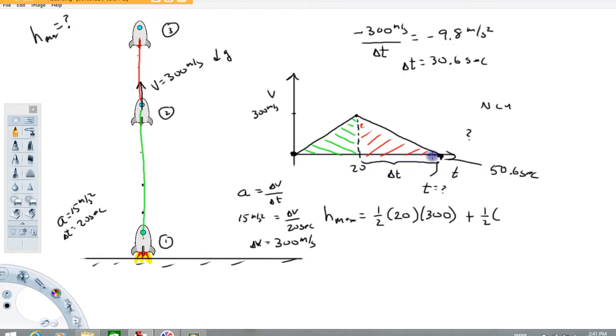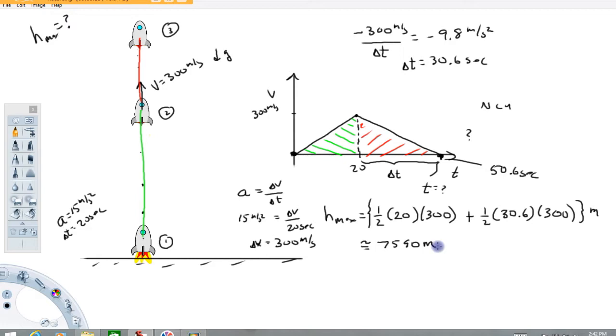It's the distance I called delta t, 30.6 seconds, times the height, also 300. I'll just put the units outside; this will work out in meters. Calculating a value, I get about 775.90 meters.